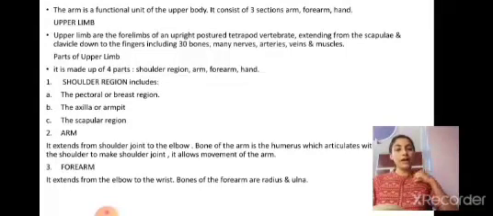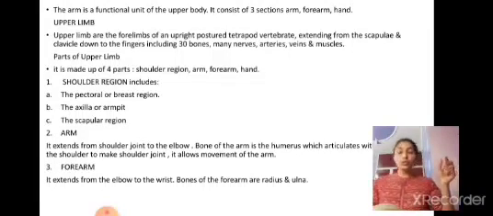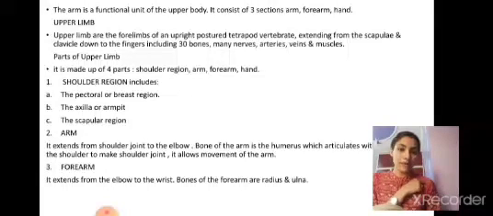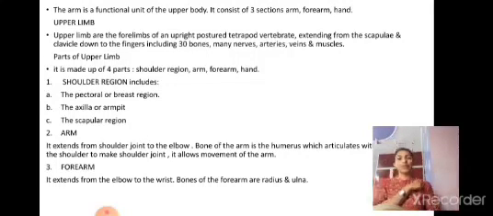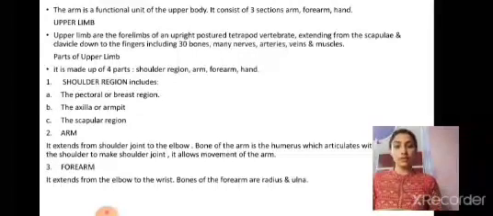So the scapula and clavicle both form the acromioclavicular joint. So the clavicle and scapula, they both join here by forming the acromioclavicular joint.